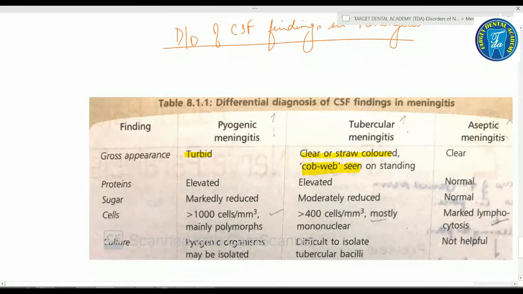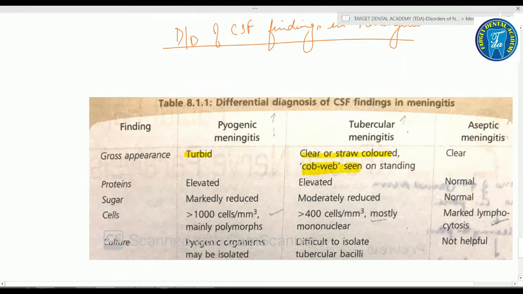And in aseptic meningitis, it is clear. So protein is elevated in pyogenic, and in tuberculous meningitis it is also elevated, but in aseptic meningitis it is normal. Coming on to the sugar content. In pyogenic meningitis it is markedly reduced. In tuberculous meningitis it is moderately reduced, while in aseptic meningitis it is normal.